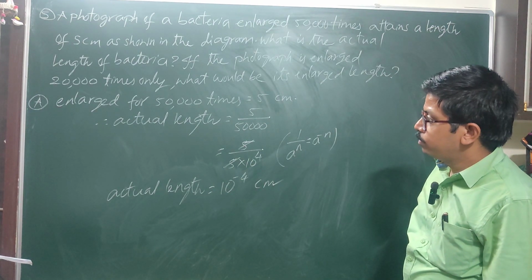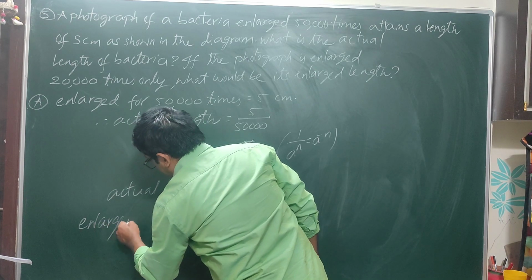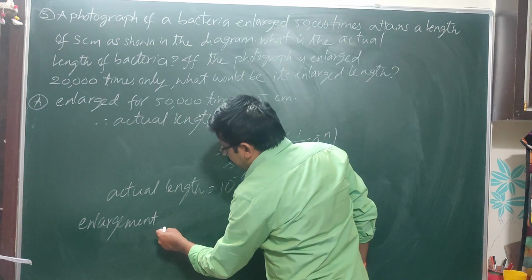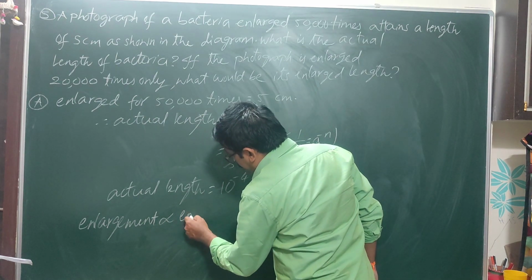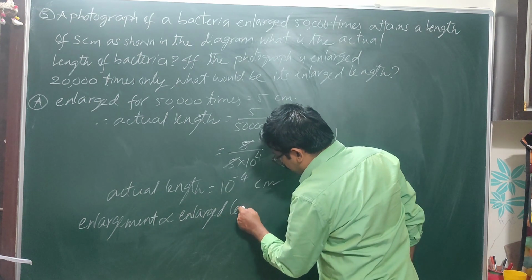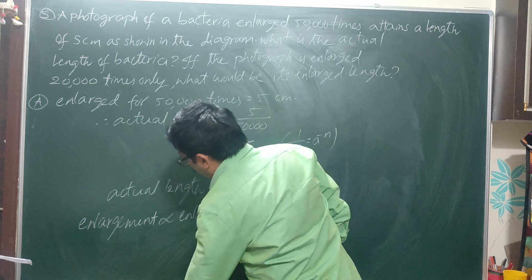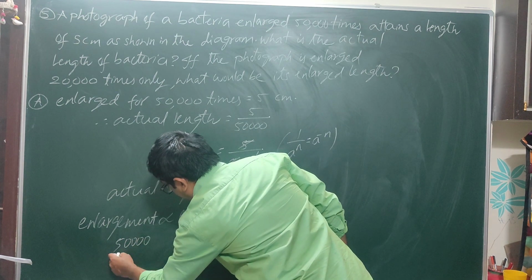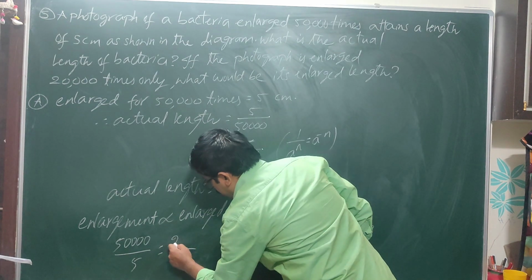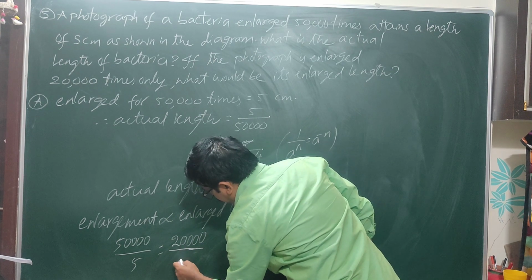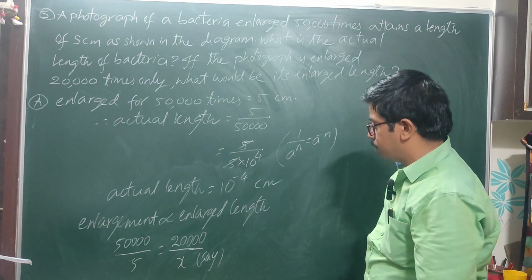Now enlargement is in direct proportion to enlarged length. So 50,000 by 5 equal to 20,000 by x. That is, the enlarged length for 20,000 times be x centimeters.